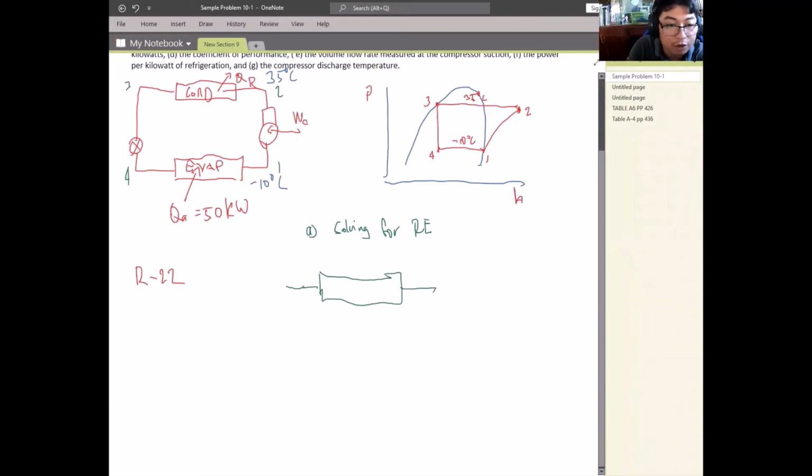From points 4 to 1, this is the arrow sign. I forgot the arrow sign of our direction of refrigerant.